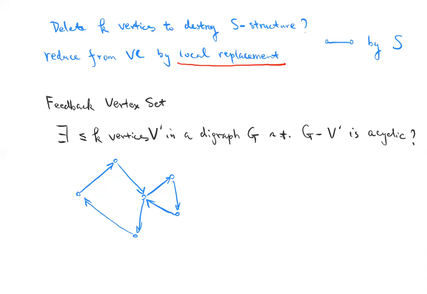Acyclic means the graph becomes a directed acyclic graph. So can we remove k vertices to destroy all cycles? For this particular graph, a single vertex will be good enough. If we remove this vertex, then the graph has no cycle. That's the classical feedback vertex set problem.